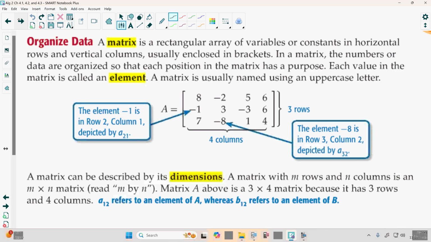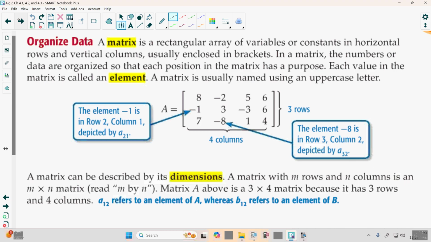So we did talk about the fact that a matrix has rows and columns, and we define the dimensions of a matrix by rows and columns. Now, a matrix, we always use capital letters to name it, A, B, C, D, E, F, however we want to name it. Lowercase talks about the elements. So each number inside a matrix is an element. And the numbers after the lowercase letter are row, column.